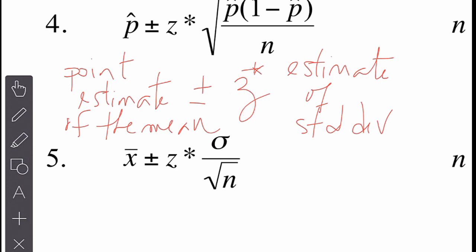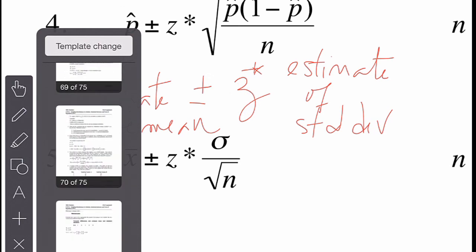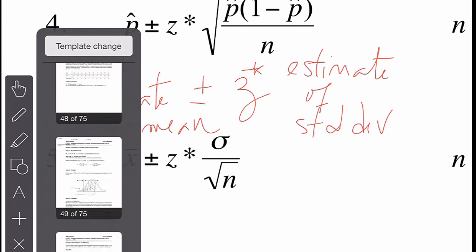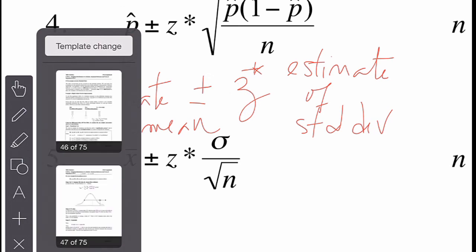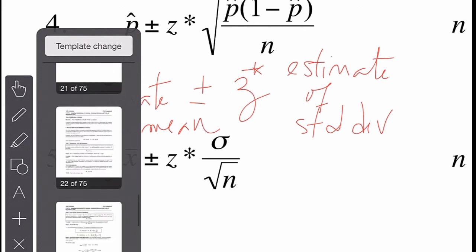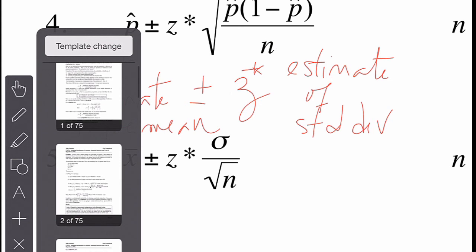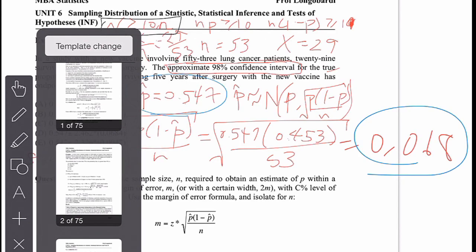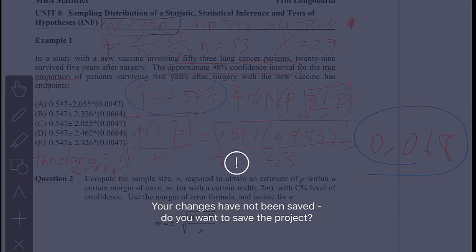So let's see. In this case, the question was, I want to be able to make an interval capturing, what did it say? If we go back, it's at the very beginning, it's page 4. Let me save this.